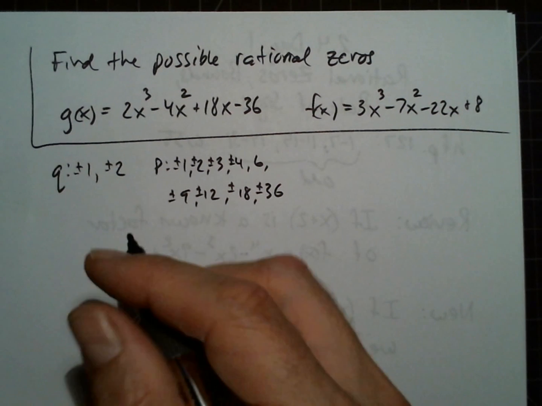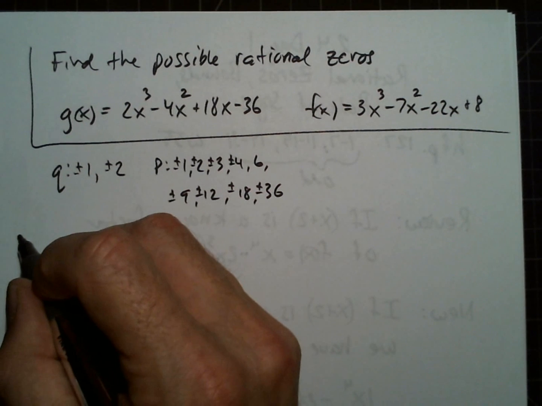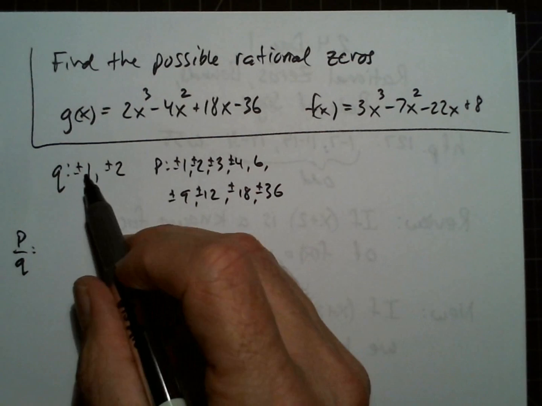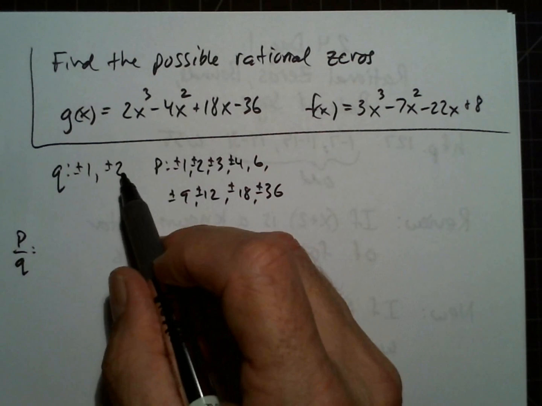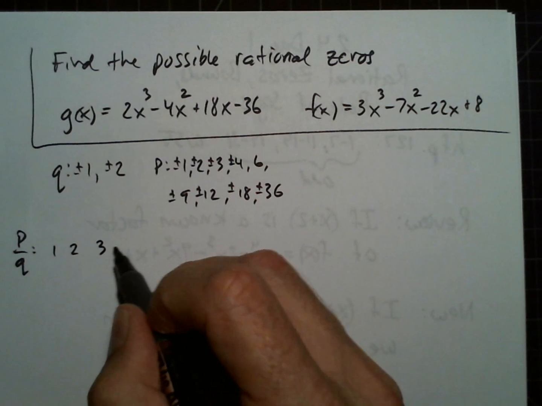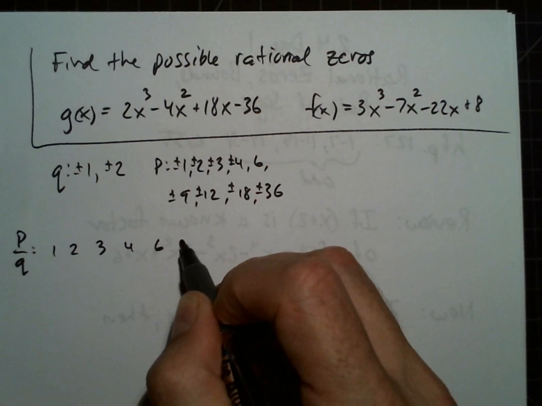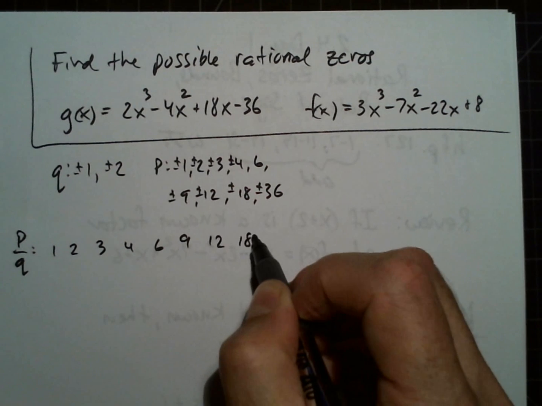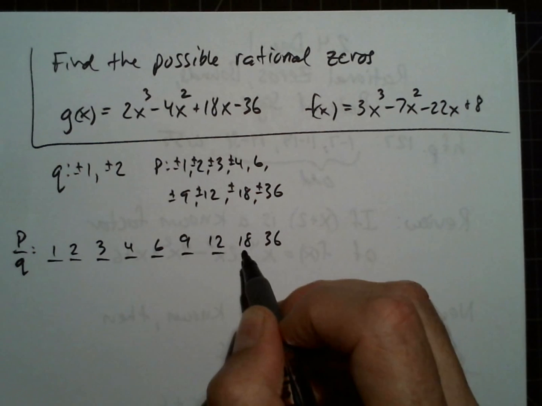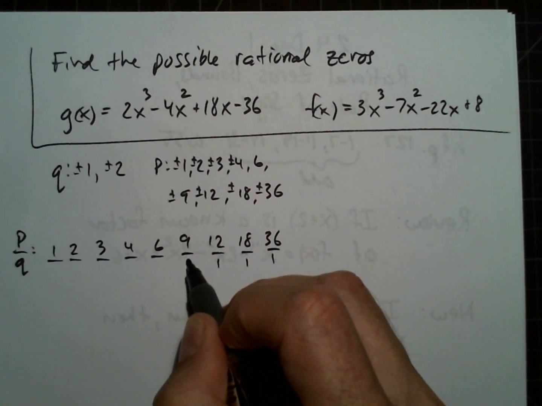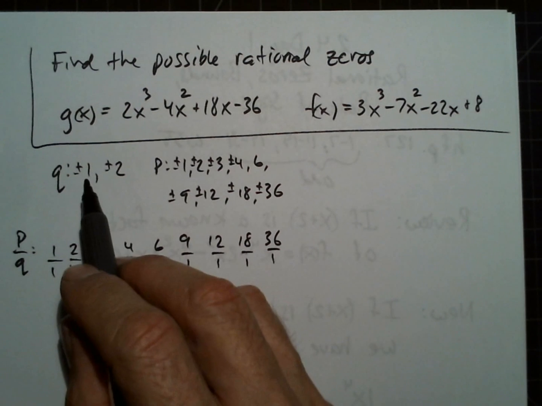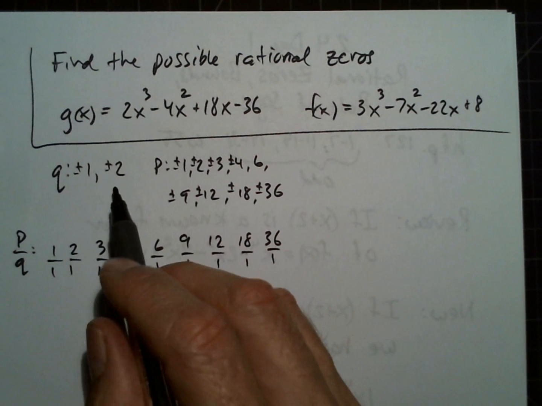And then we have to put P over Q. So let's take all these numbers and put them over 1, and then all of these numbers over 2. So all the P's go over 1, and then all the P's go over 2.